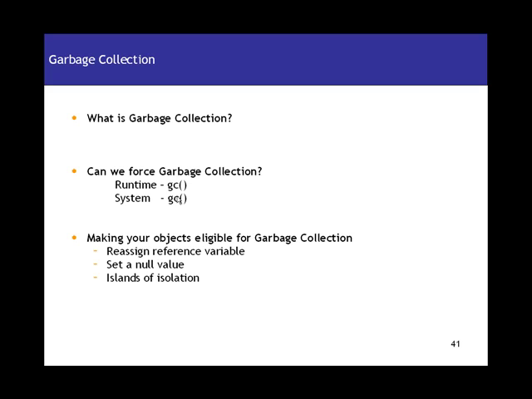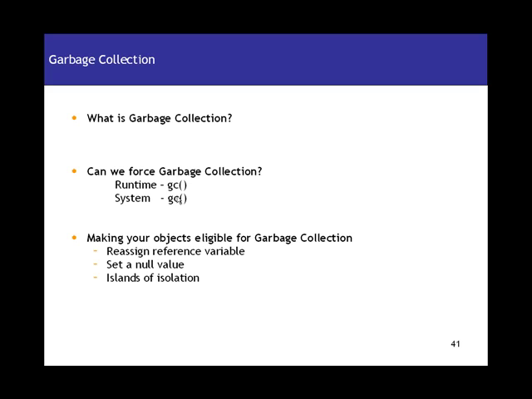cleanup activity. And before garbage collecting that particular object, the garbage collector will run the finalize method on that object. So if there is any kind of cleanup you need to do, do it in the finalize method. We saw that earlier in try catch finally, you do the cleanup in the finally, because whether there is an error or no exception was raised, the finally block would compulsorily have been called.